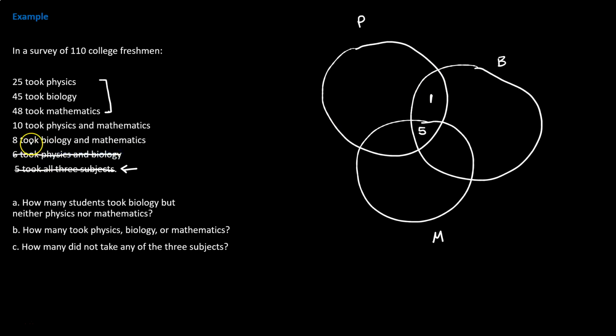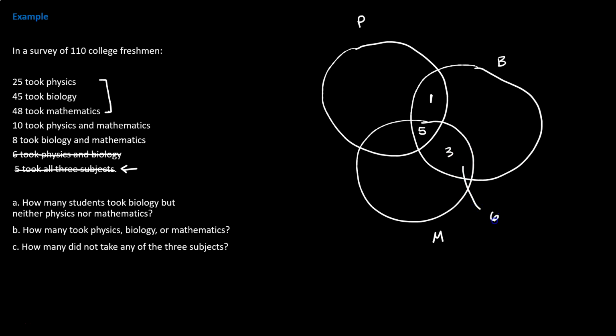Now we know 8 took biology and mathematics. So biology and mathematics, that's this entire intersection. There's already 5 people in there. That means there can only be 3 in this last piece. And if you're wondering, how did I find the 3?